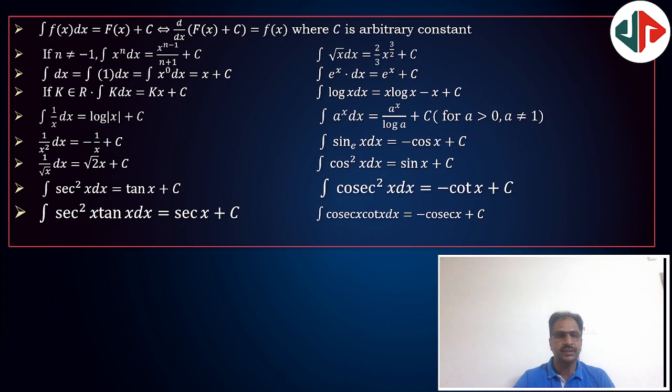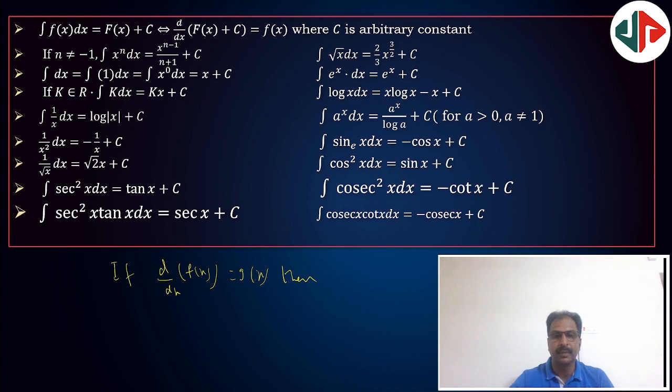See, integration is nothing but the reverse process of differentiation. What does it mean? If you differentiate a function f of x, you get another function, let us say it is g of x.